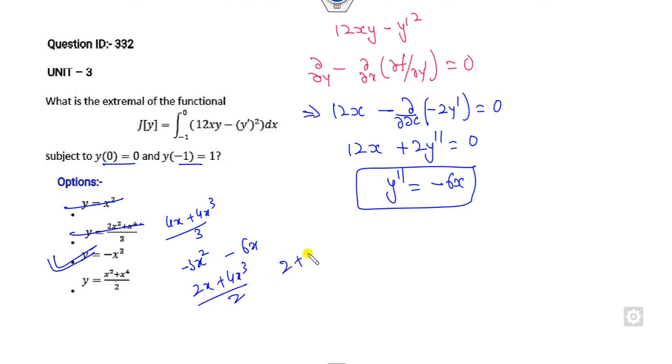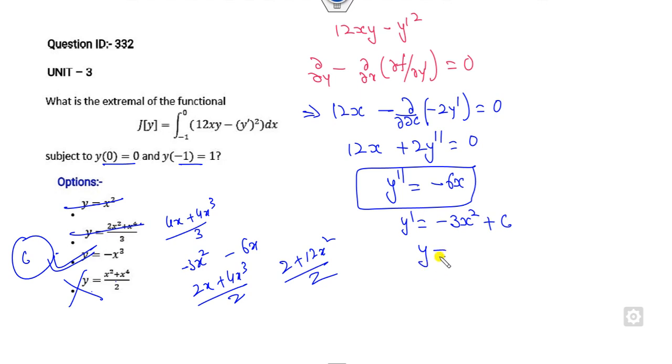Again the second derivative is not minus, so the correct option is only C, my right answer. Otherwise you can integrate firstly. So y dash is minus 3x square plus constant, y is equal to minus x cube plus cx plus d. Now you can apply these two conditions, you will get the right answer as here.